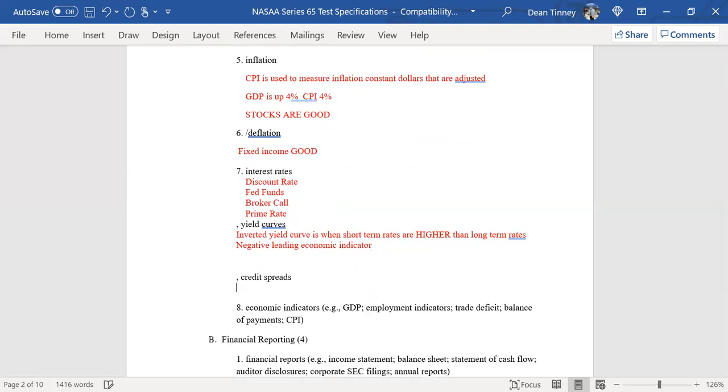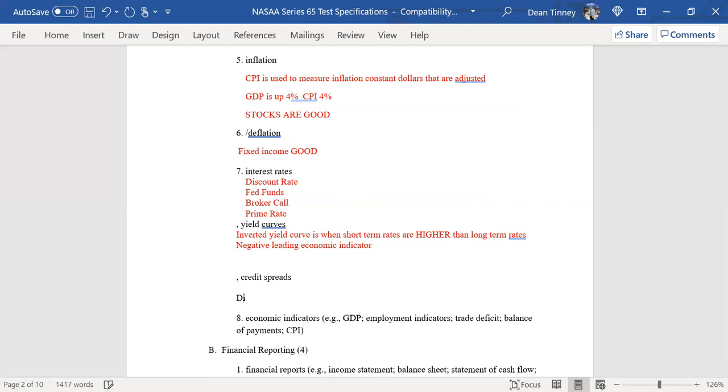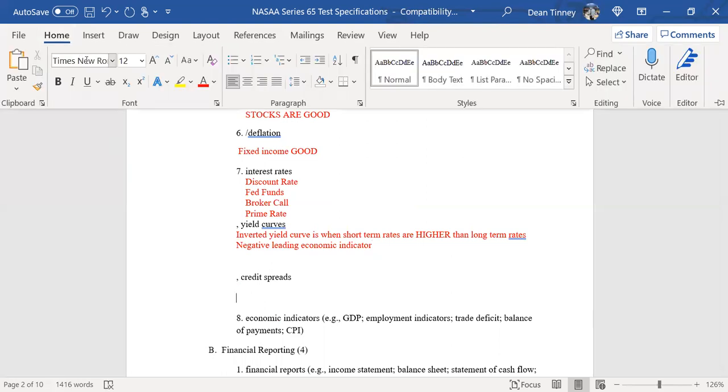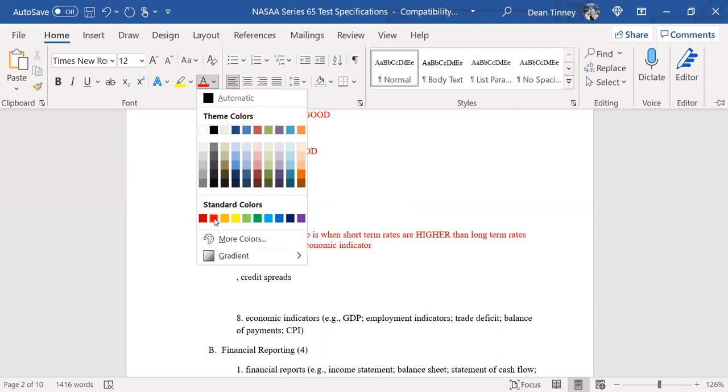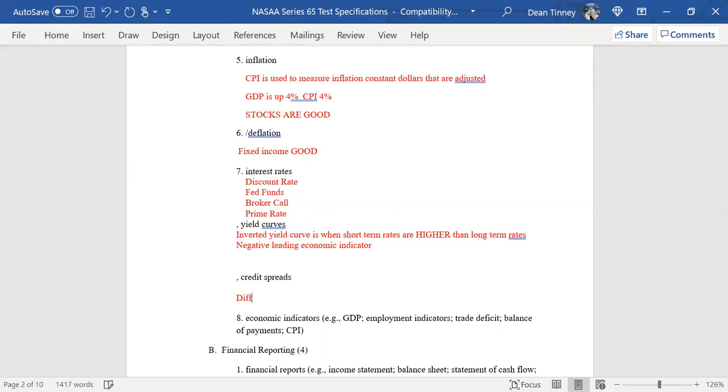Credit spreads, that's the difference between what high quality bonds pay and low credit quality bonds pay.